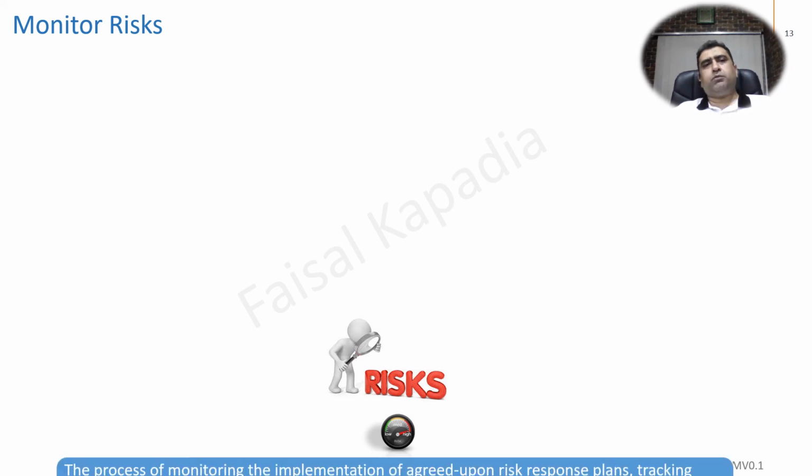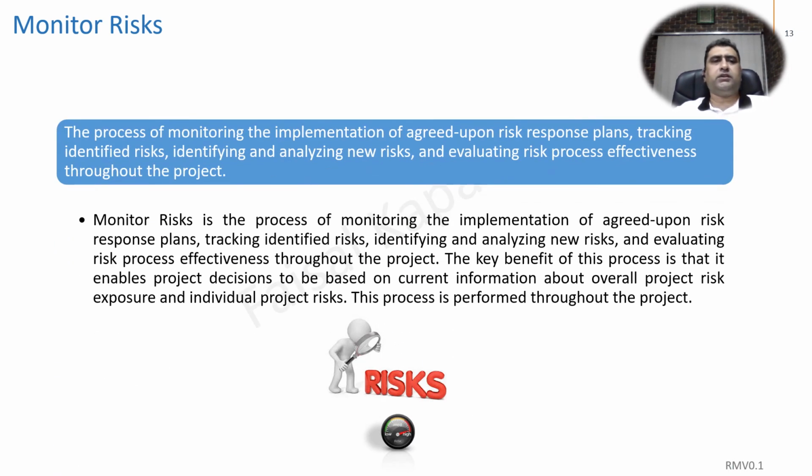The last component of the risk management process is monitoring the risk. Once we have done all the steps, identified the risk, planned the responses, and implemented the risk responses, then we have to perform the process of risk monitoring. We perform this process throughout the project, because project risk likelihood and impacts may change over time, right?